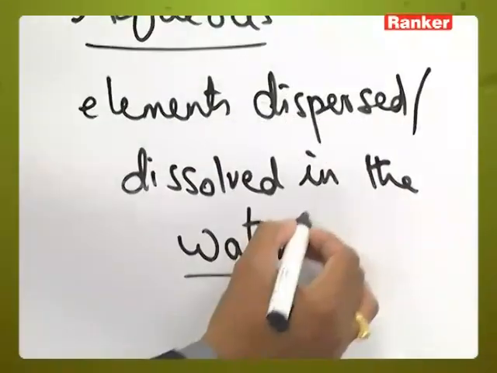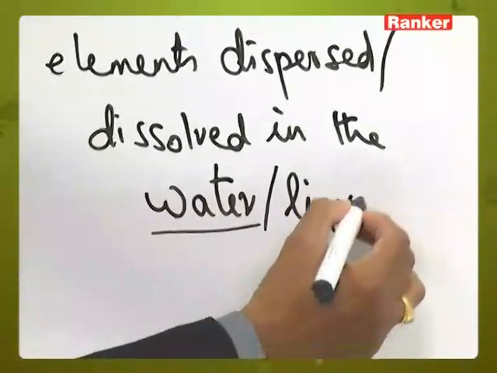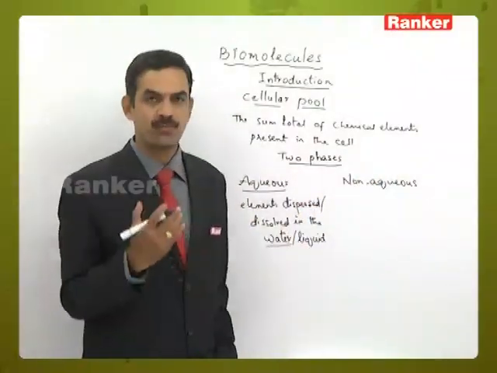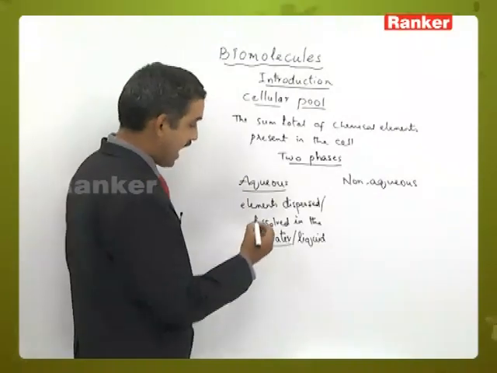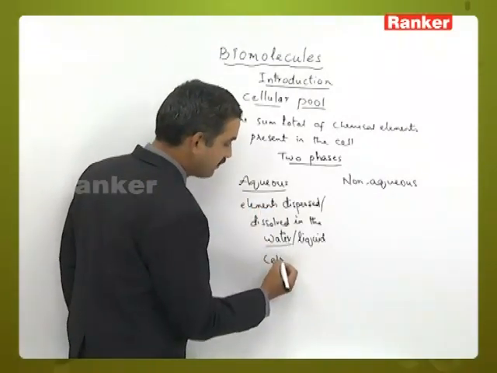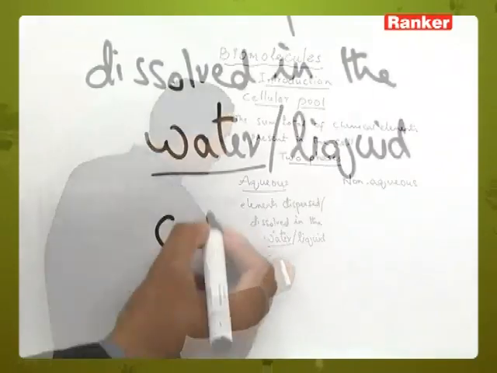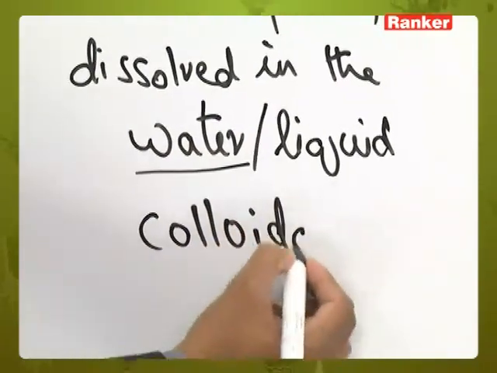Instead of saying water, if we say liquid content of the cell, that forms the aqueous phase of the cellular pool. And all these aqueous elements will exist in colloidal state or colloidal form.